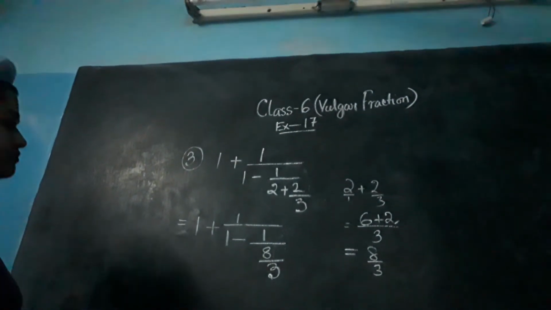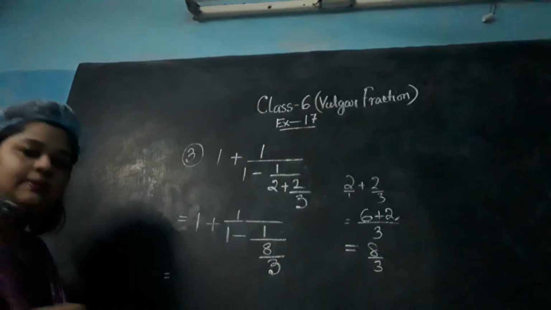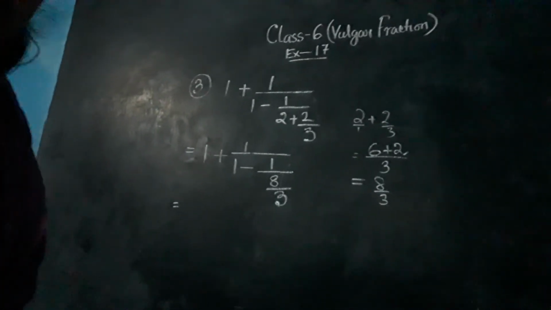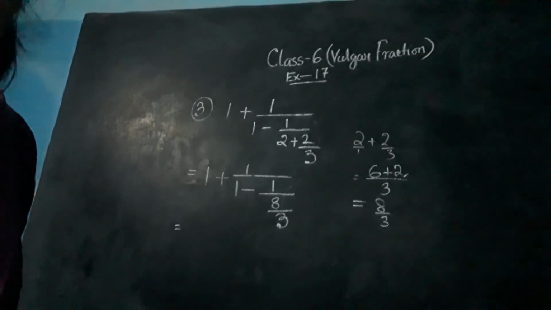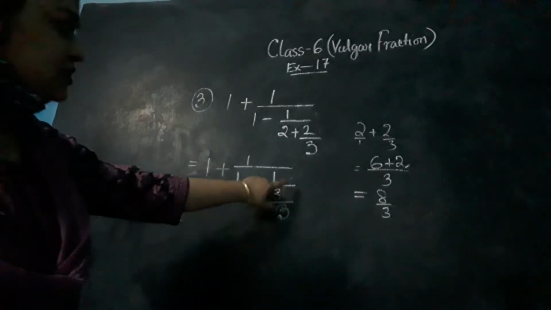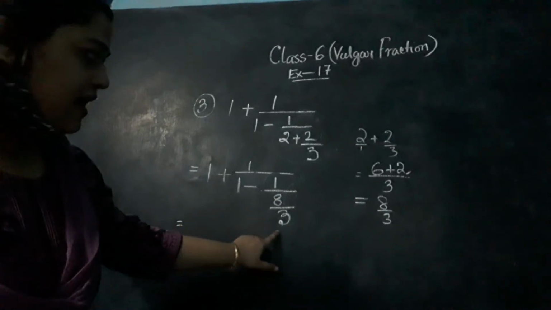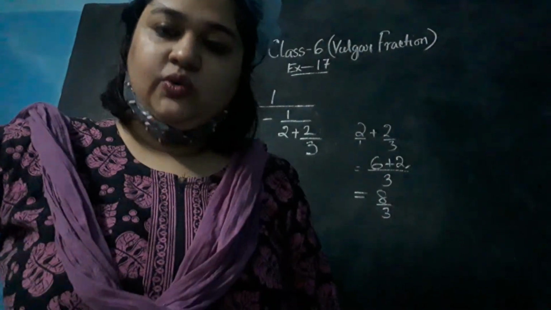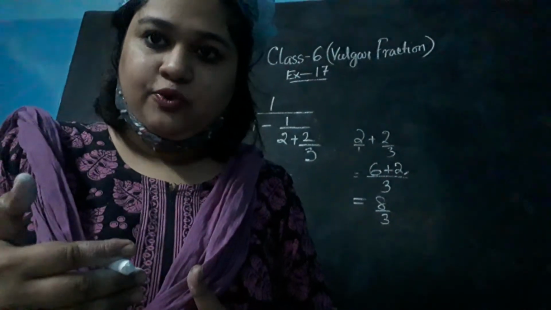Now, what will be the next step? What you have in the downmost segment is 1 by 8 by 3. So 1 by any number, you know that we change it to the reciprocal.